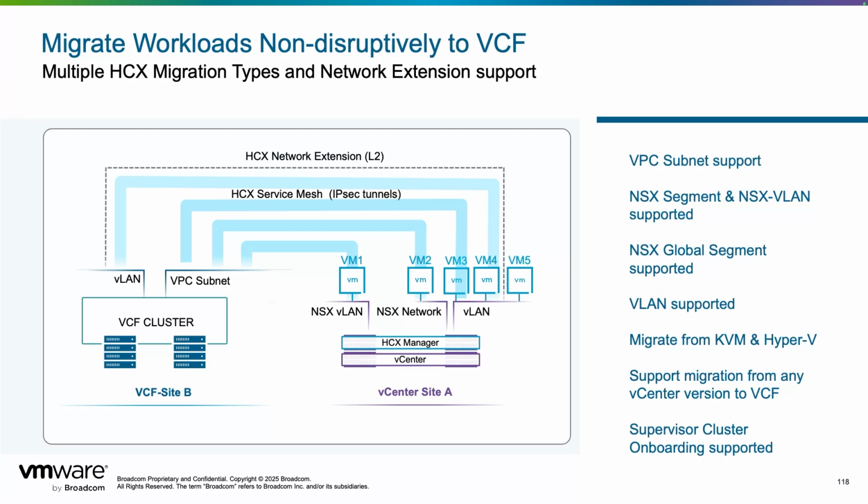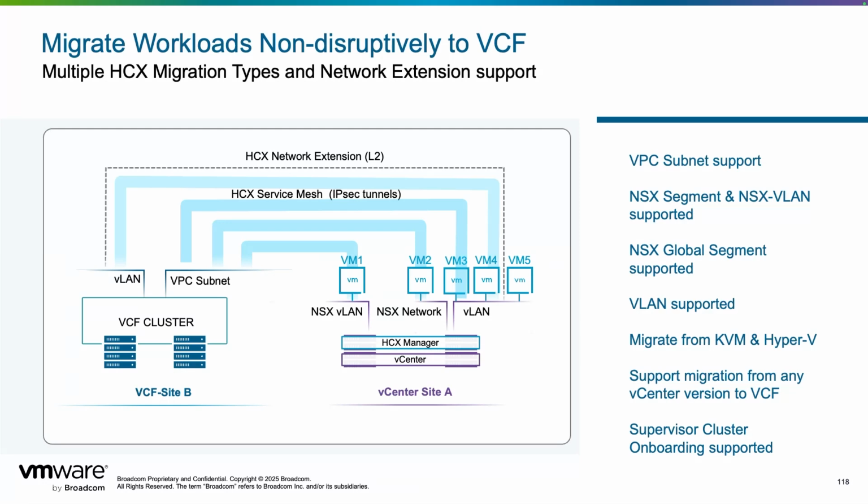So HCX seamlessly handles various networking constructs, as you can see on the list on the right side. Whether your workload is currently running on traditional VLAN, like those backed by vSphere distributed port groups, or on modern NSX segments or NSX VLAN segments, or a customer might have an advanced multi-site setup with NSX federation, HCX recognizes the global and local segments.